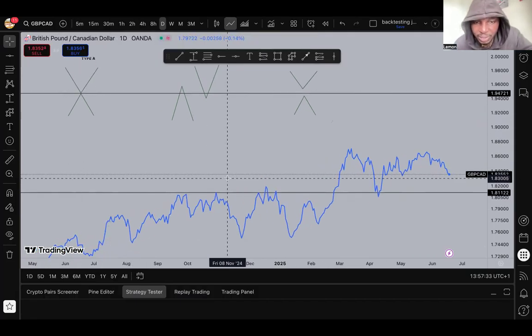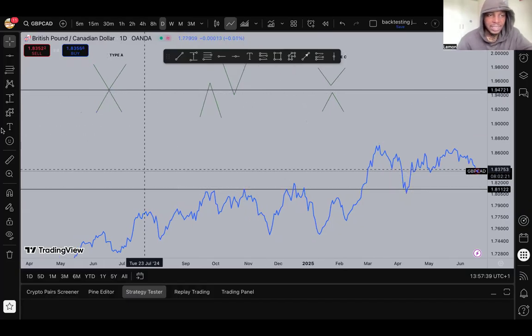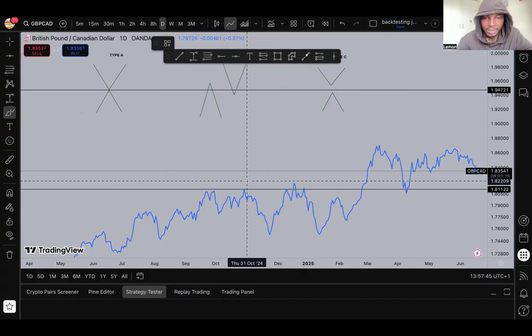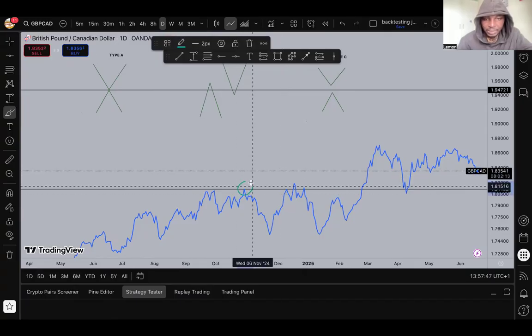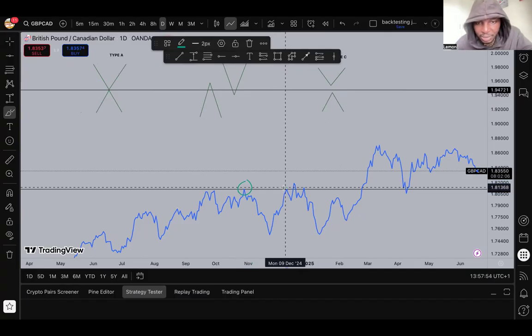So we can spot our type A support and resistance. Let's find a way to spot our type A because it kisses our support and resistance line. Understand? So we'll find this kisses the line. So basically we use our brush tool, so this is a type A support and resistance there. This is also a type A support and resistance.